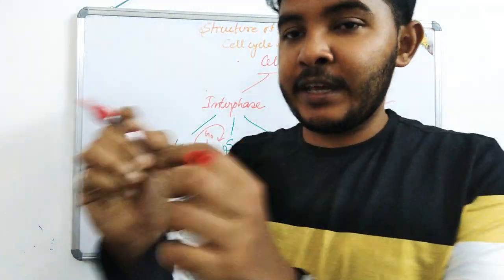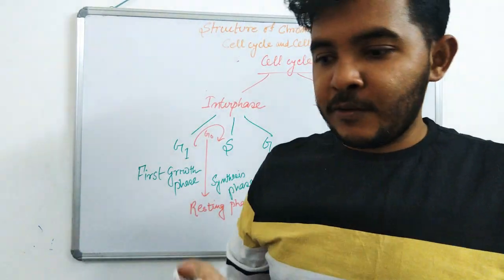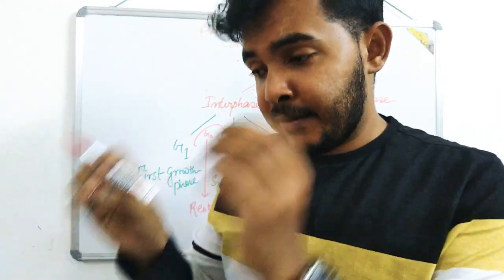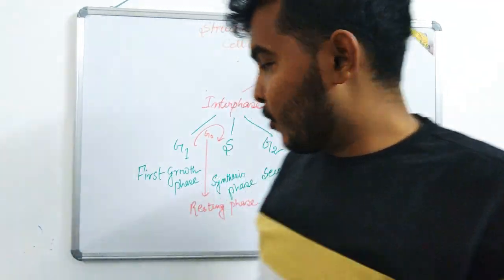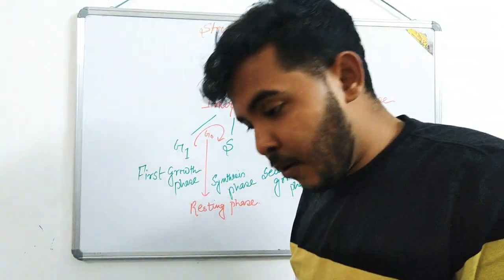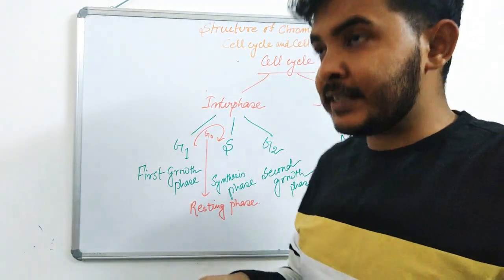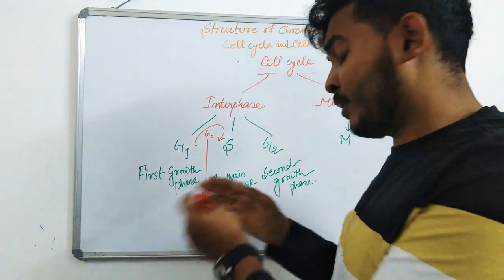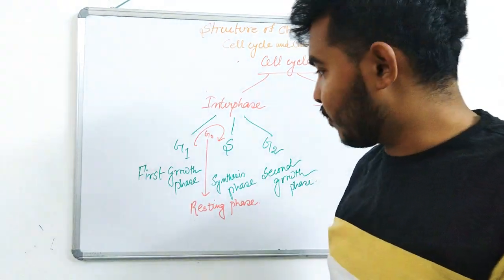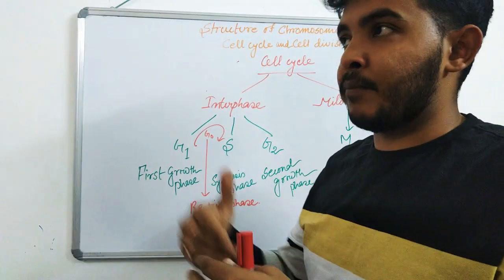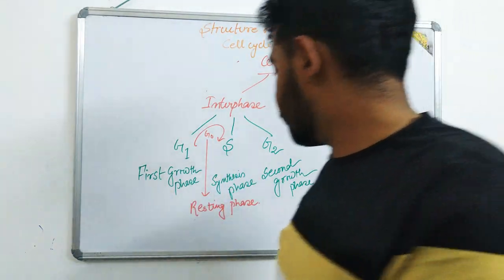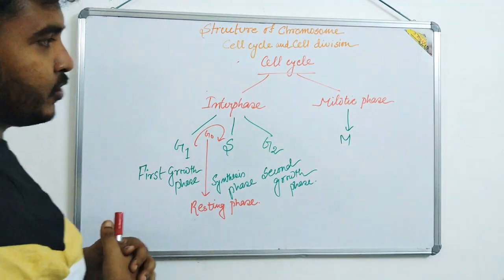Suppose you have a diamond, you will take the best security to keep that diamond secure. So the cell waits, or it decides, whether to go for DNA synthesis or not. It's not that important for you now; when you go to the upper classes, you can go through it. So G1, S and G2.